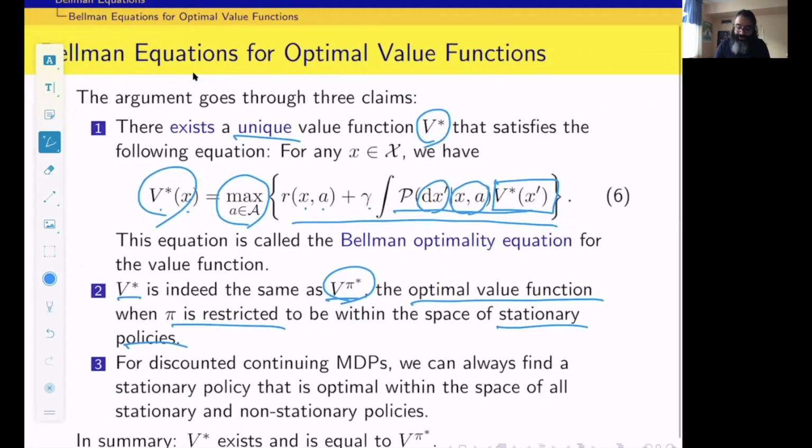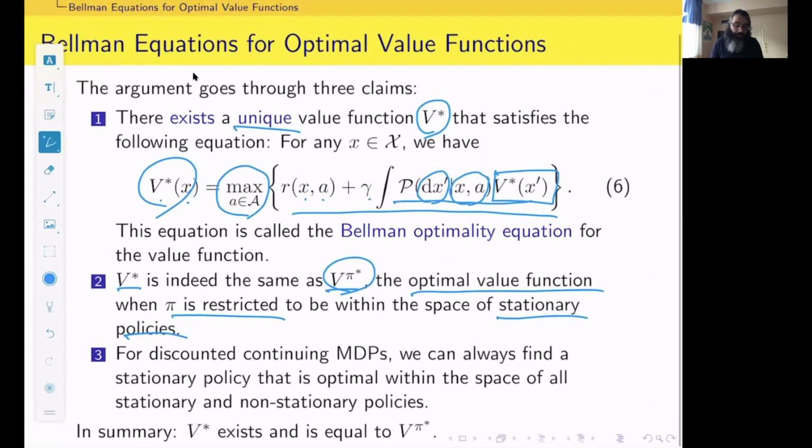And then the third part is, why should we care about the space of stationary policies? What if we search the space of non-stationary policies? It can be shown that for discounted continuing MDPs, for this class of tasks, we can always find a stationary policy that is optimal in the space of all possible stationary or non-stationary policies.